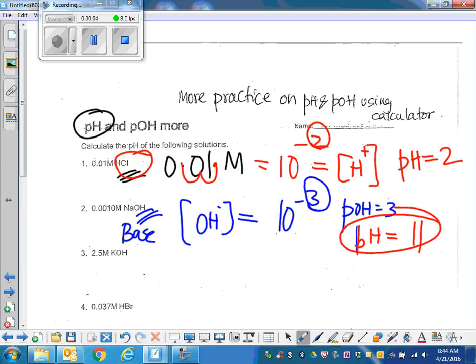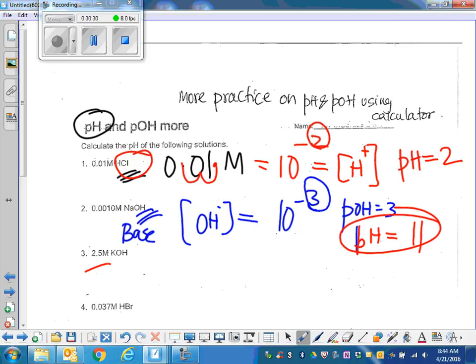Now, if I could express it as 10 to the negative something, it's very easy for me to find the pH. It is just the power. Yes or no? If it is not a simple power, but if it is a number like 2.5 molar, all right, you need your calculator.